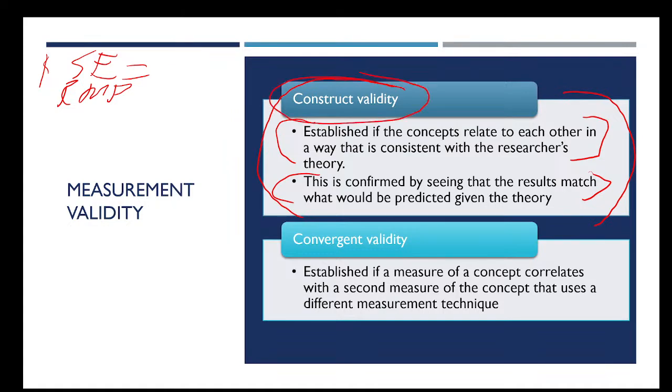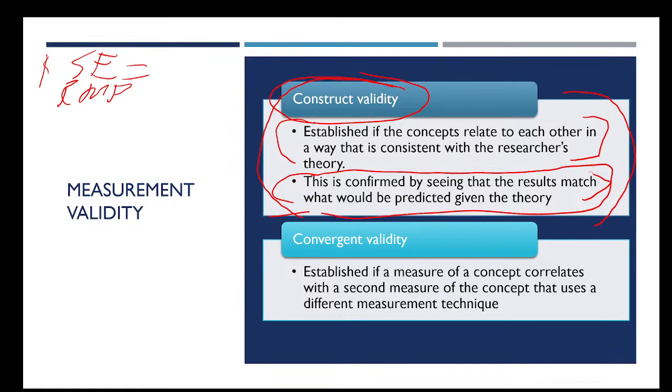So within the construct of my own theory, those things make sense and they're related in a way that is consistent. So you would confirm this by seeing that the results match what you predict by the theory. So again, this is like a deductive process. You come up with a theory, you say, I think that cutting people off in traffic is related to how smug you are about the breakfast cereal you eat, because both of those things are a measure of being a jerk.